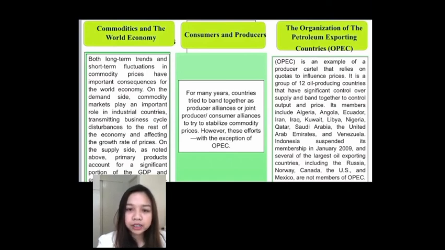Its members include Algeria, Angola, Ecuador, Iran, Iraq, Kuwait, Libya, Nigeria, Qatar, Saudi Arabia, the United Arab Emirates, and Venezuela. Indonesia suspended its membership in January 2009, and several of the largest oil exporting countries, including Russia, Norway, Canada, the US, and Mexico, are not members of OPEC.